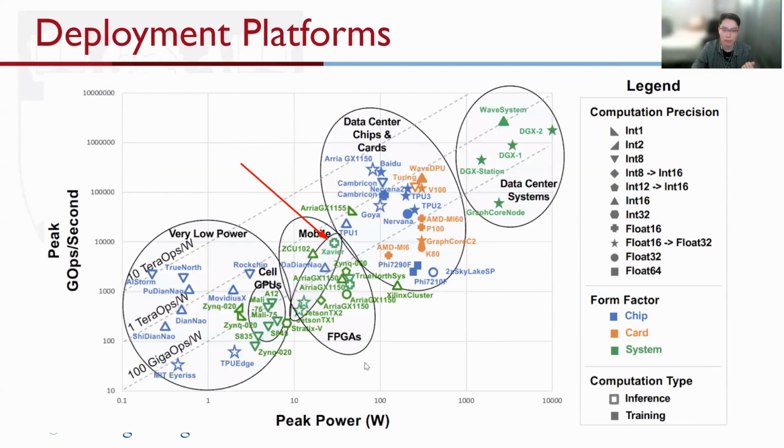Here's another diagram of different kinds of devices in the market for deep learning deployment. We can see our Xavier is right in the middle. It's denoted as a float 16 device. That means our Xavier has some tensor cores that will function well in float 16 precision.